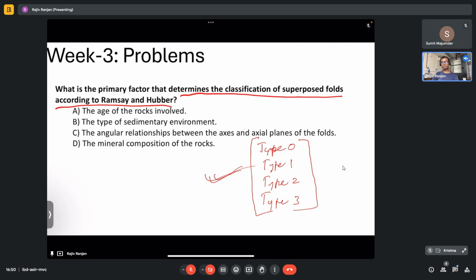Does it depend on the age of the rock? No, right? It does not depend on the age of the rocks, nor on the sedimentary environment. Option C, the angular relationship. Correct. It depends on the angular relationship between the axes and axial planes of the folds.